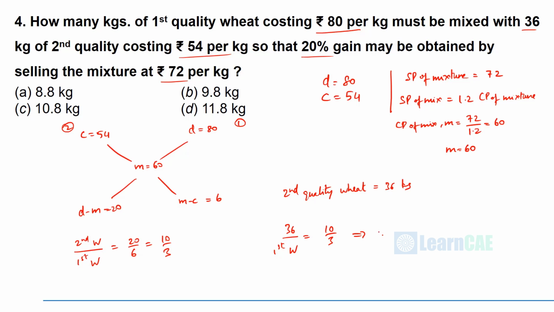This implies first quality wheat is equal to 108 by 10, which is equal to 10.8 kg. So, the answer is option C. So, you have to mix 10.8 kg of first quality wheat with 36 kg of second quality wheat, so that you will get a gain of 20% when you are selling at rupees 72.